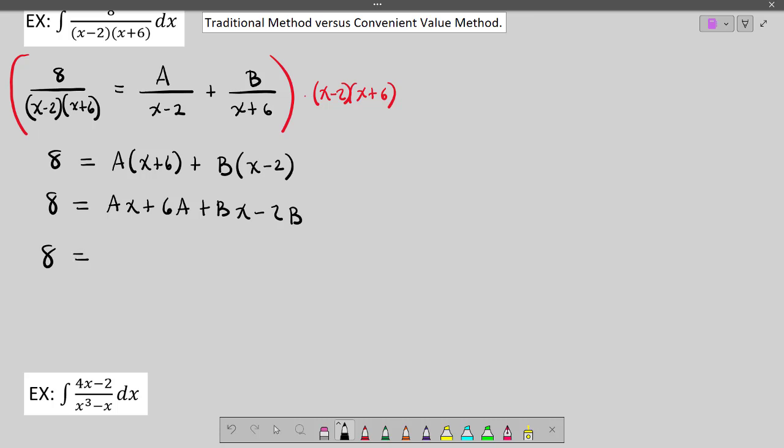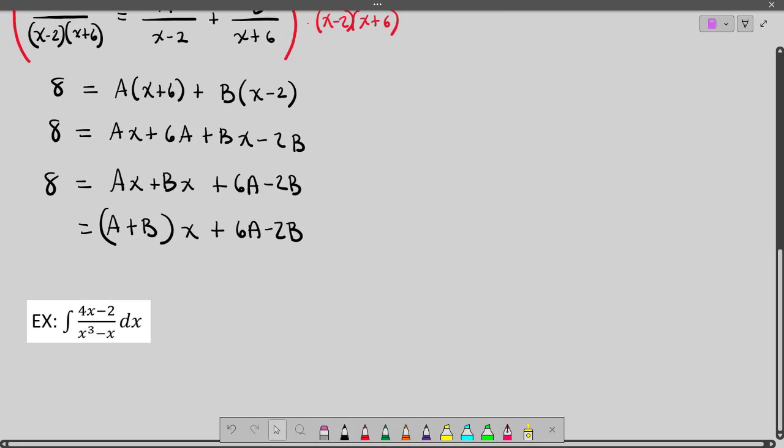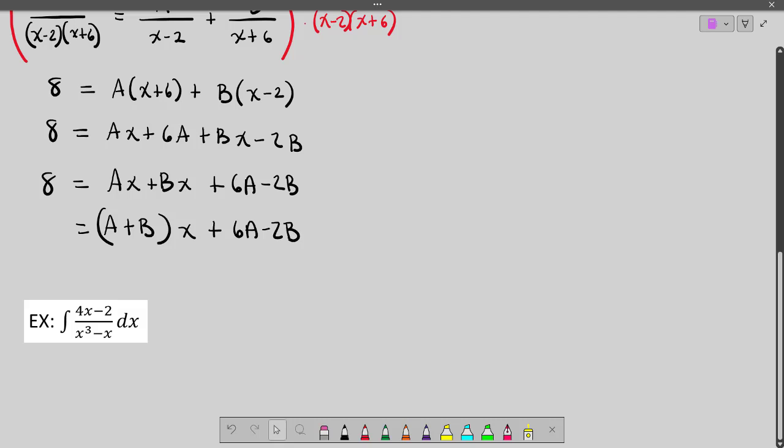I'm going to group together the two terms that have an x and then the constant terms. If you wanted to, you could factor that x out and really write it in an mx plus b form. So it's a constant times x, and this over here is a constant. A and B are constants. So over here, 6A minus 2B, that's just a constant, right?